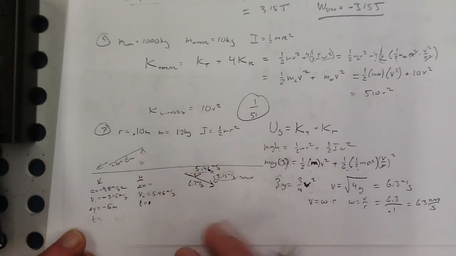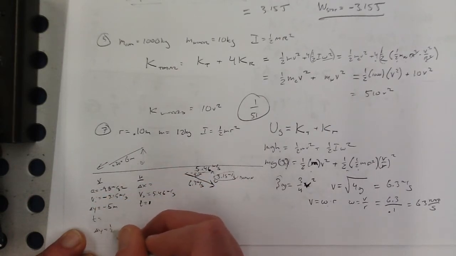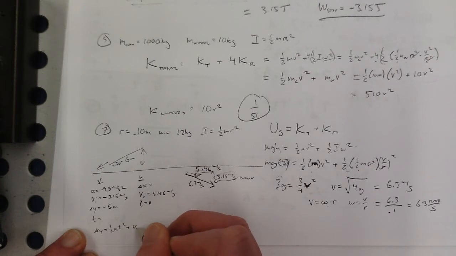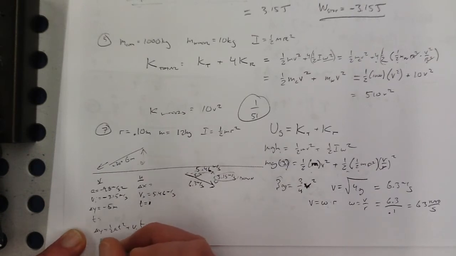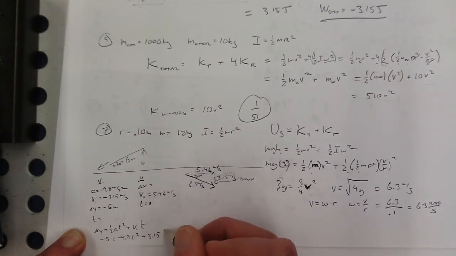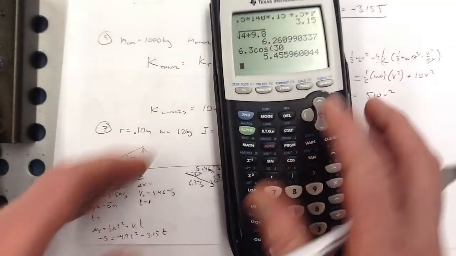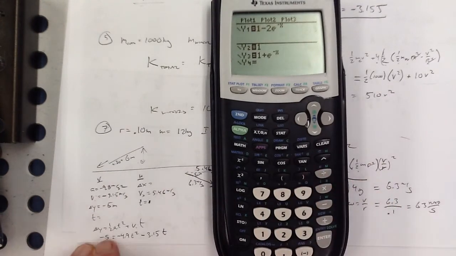Okay, so here, the equation that binds these things together is this. So minus 5 is equal to minus 4.9 t squared minus 3.15 t. I'm going to solve that by graphing, and I'm going to flip all the signs to positive.